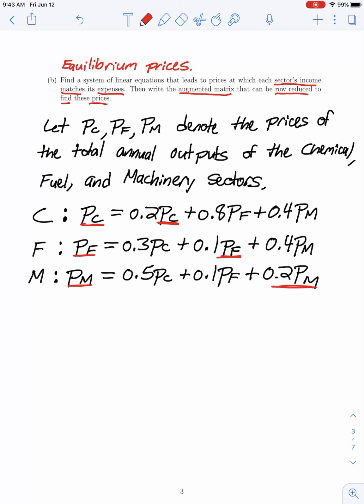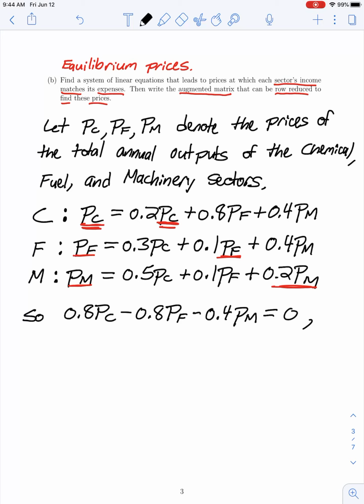So I had 1 P sub C, I'm subtracting 0.2 P sub C, which will leave me with 0.8 P sub C minus 0.8 P sub F minus 0.4 P sub M has to equal 0.